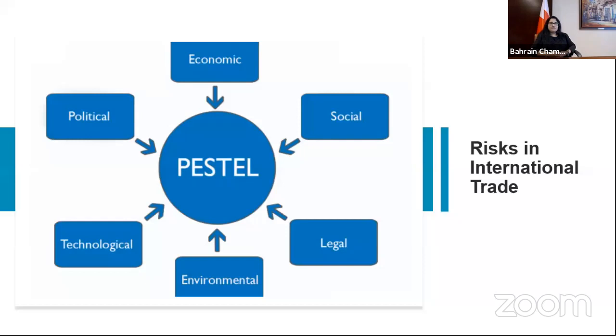Environmental. Thanks to globalization, our life has become very easy, but it has also come with a lot of demerits, right? Global warming, climate change. So we all know that now many countries are focusing on sustainability. Sustainability comes with environmental protection. So there may be some rules that will prohibit the use of plastic.